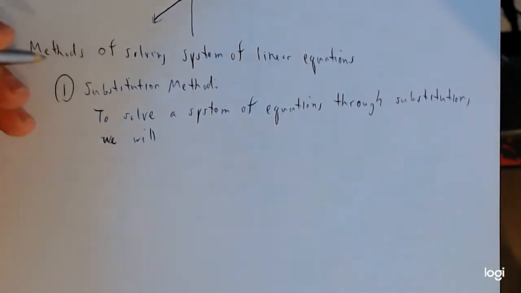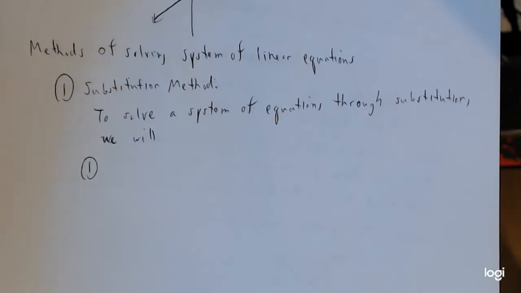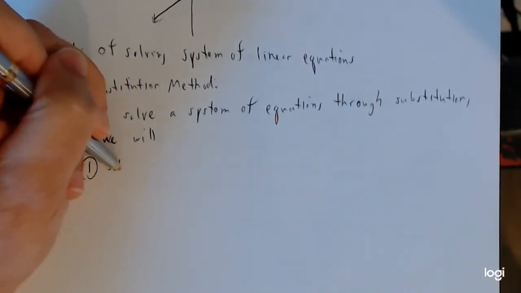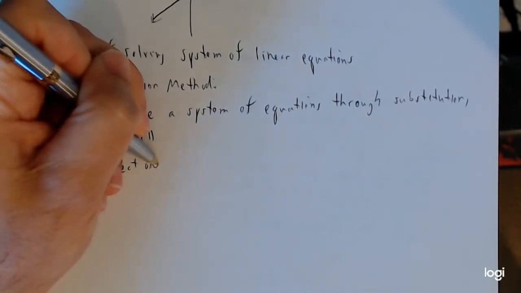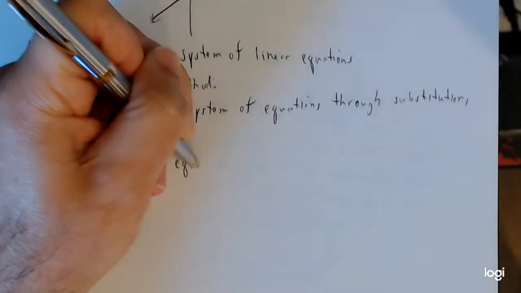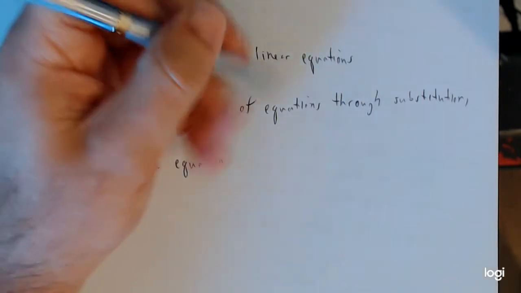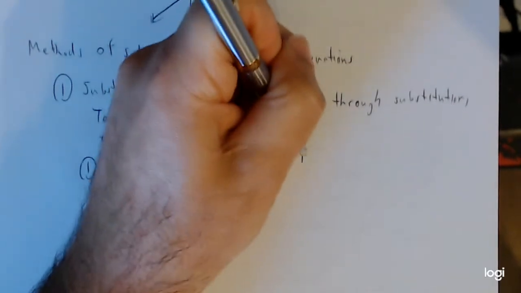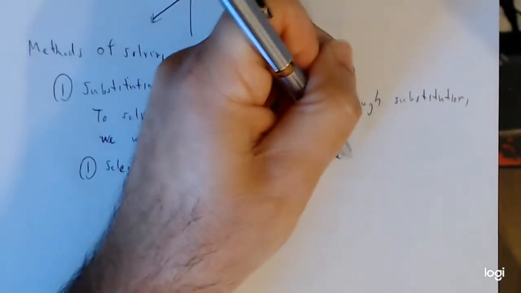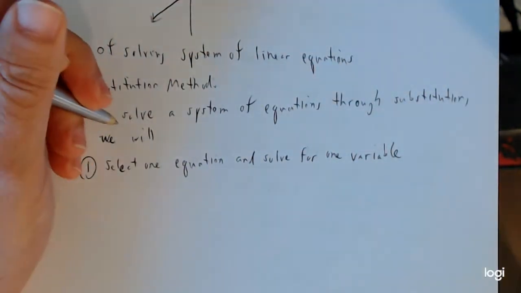So the first thing we're going to do is select one equation and solve for one variable in terms of the other.